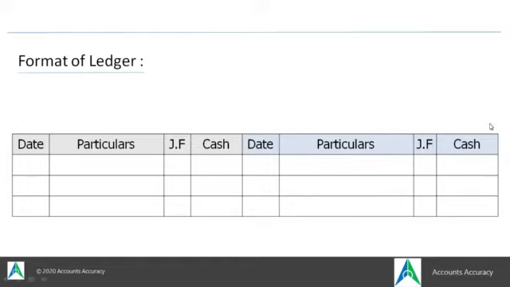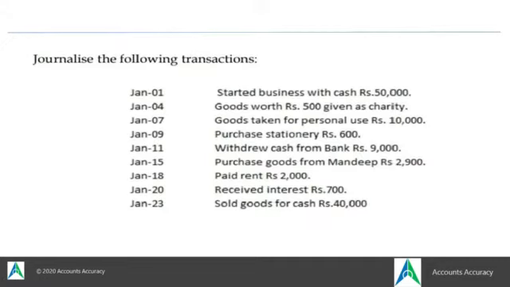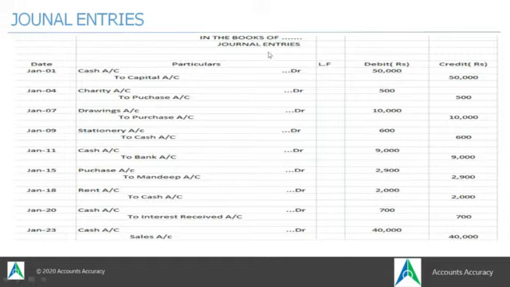Now just see, this is the sum which you get for journal. As I told you, this ledger is always prepared after journal because the transactions are transferred from journal to ledger. And why does this happen? Because it's not possible to get complete information of a particular account in journal.